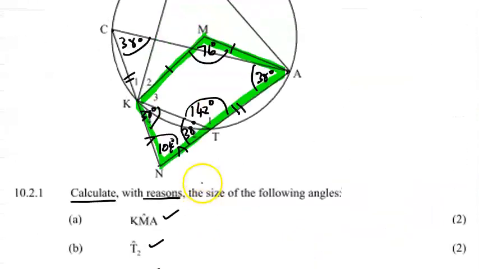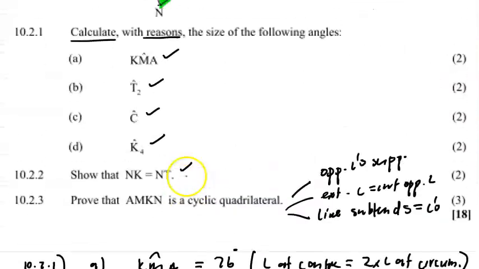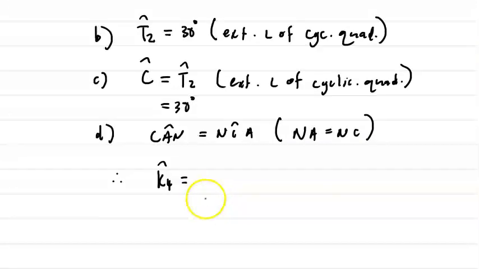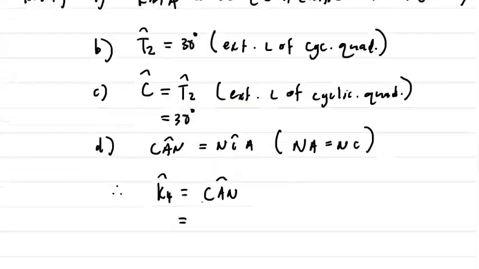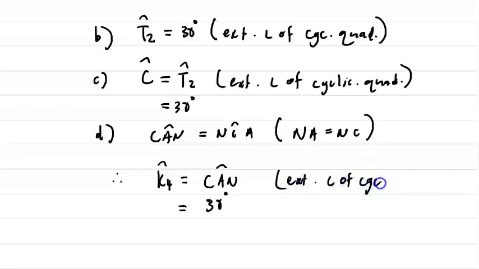Therefore, we can now conclude that K4 equals CAN, equal to 38 degrees, exterior angle of cyclic quad.